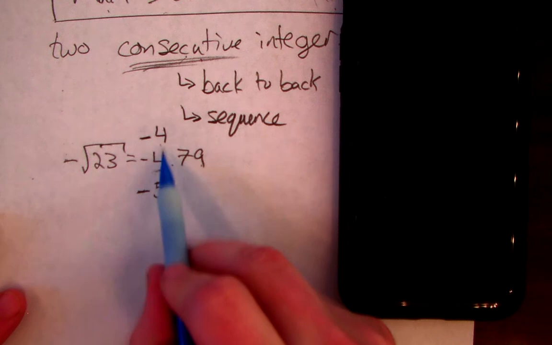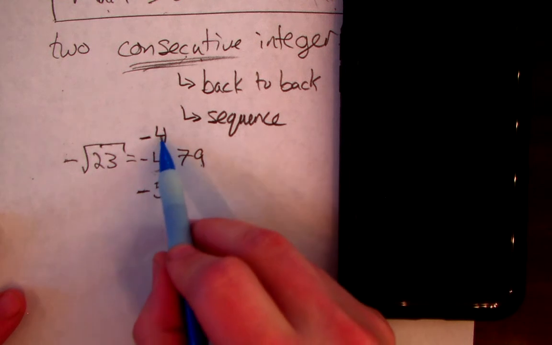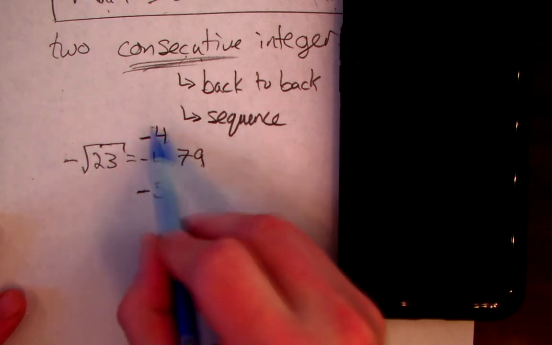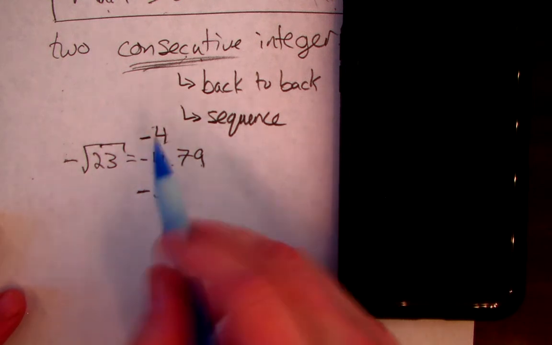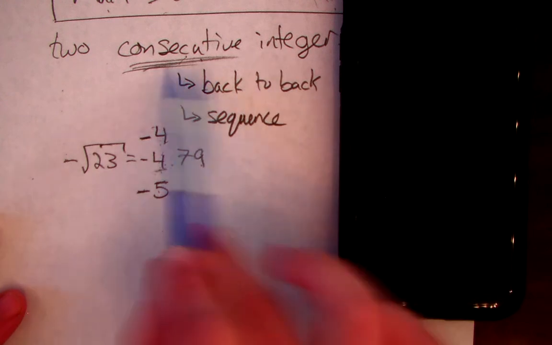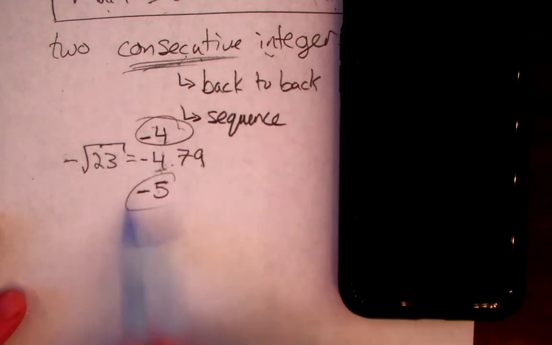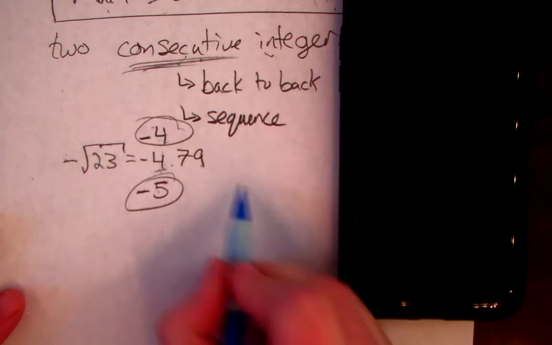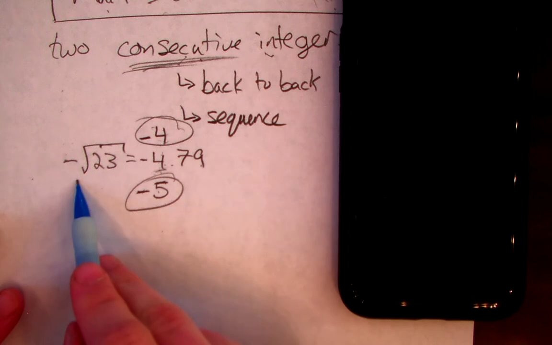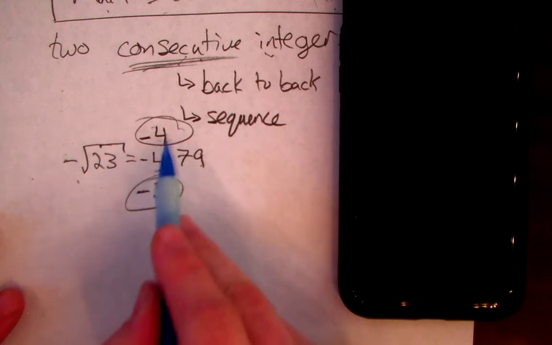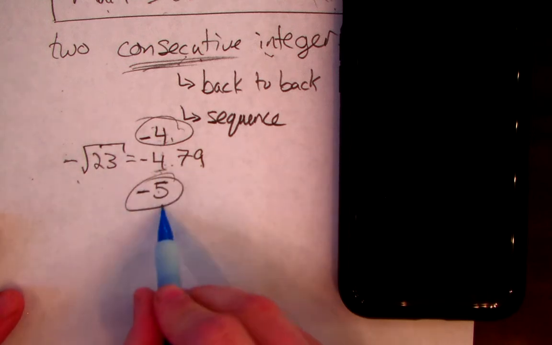A common mistake that people make is saying that this is going to be 3 because they're used to seeing 3, 4, 5. However, it's talking about consecutive integers, so your answer would be these two values. You would say the square root of negative 23 falls between negative 4 and negative 5.